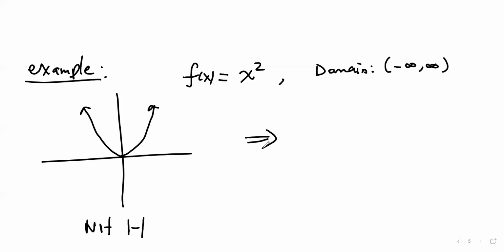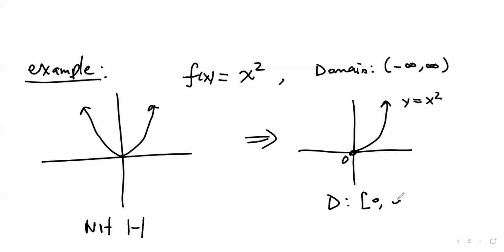But if I change to this, I just take this piece right here. This is still y equal to x squared. I didn't change the function, I just changed the domain, which means now I start from 0. So the domain of this function will be from 0 to infinity. And now this is one-to-one, and it has an inverse. So as long as a function is one-to-one, then it will have an inverse. And I do this cutting.